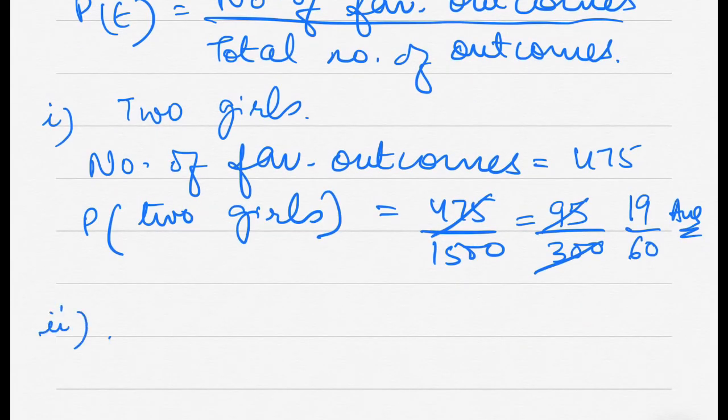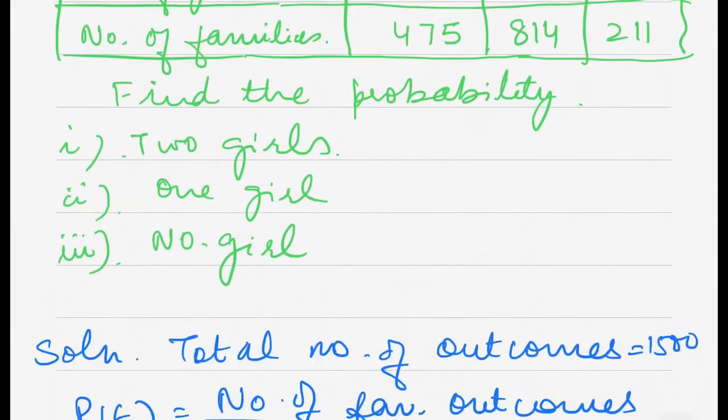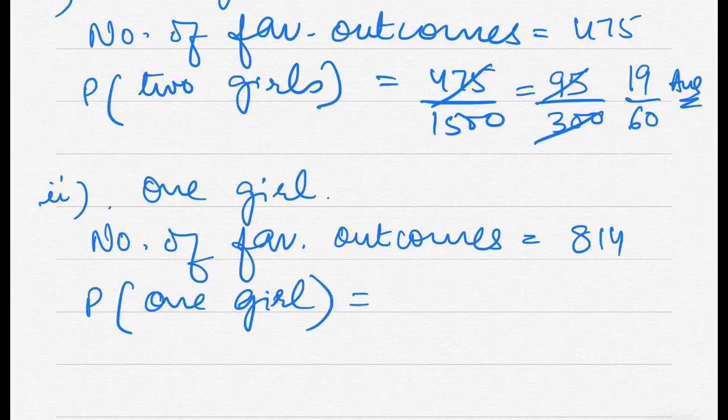Second part says 1 girl. My number of favorable outcomes for 1 girl, if I go back, is 814. So the probability of having 1 girl will be equal to 814 by 1500.